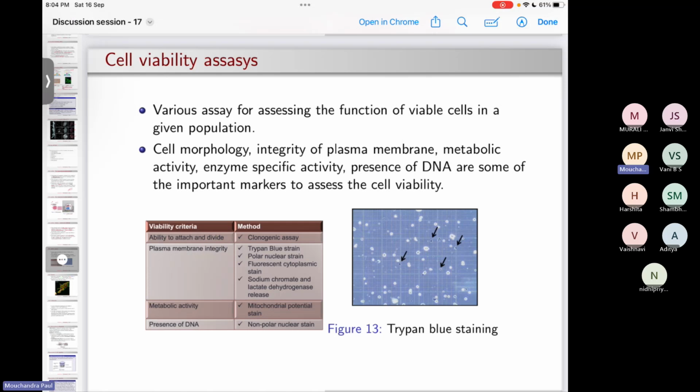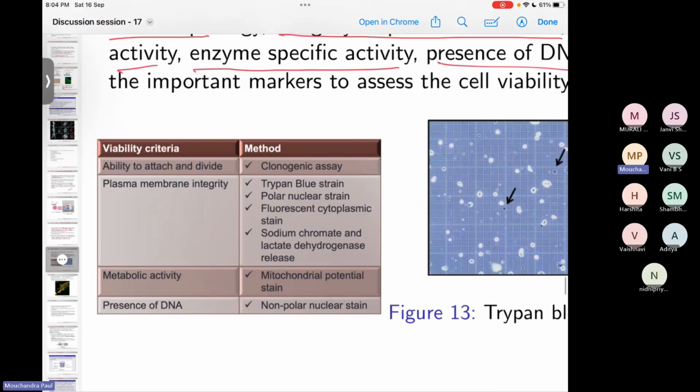So you then have to go for cell viability assays that help you understand whether the cells are alive or dead. There are various methods available that use the cell morphology, integrity of the cell plasma membrane, metabolic activity, enzyme specific activity, presence of DNA, etc., as important markers to assess cell viability, meaning whether the cell is alive or not.